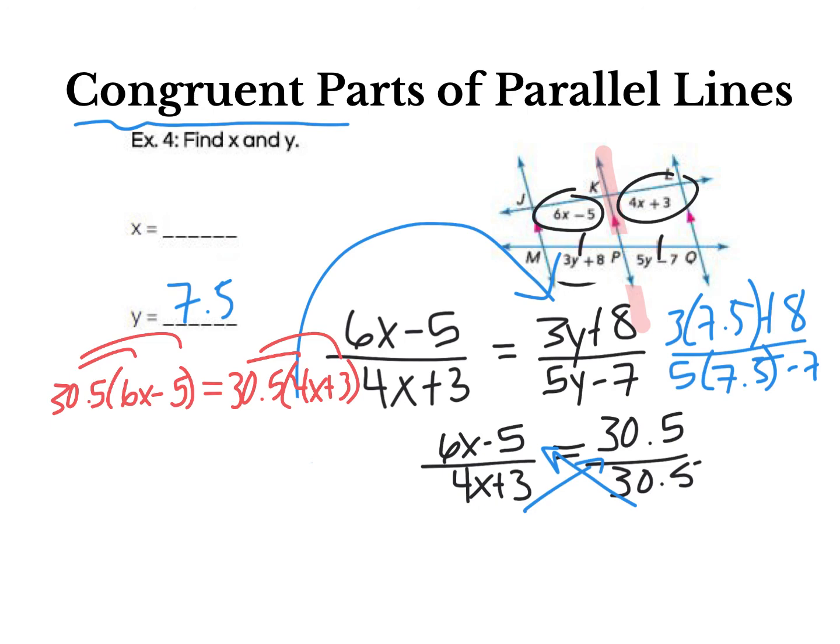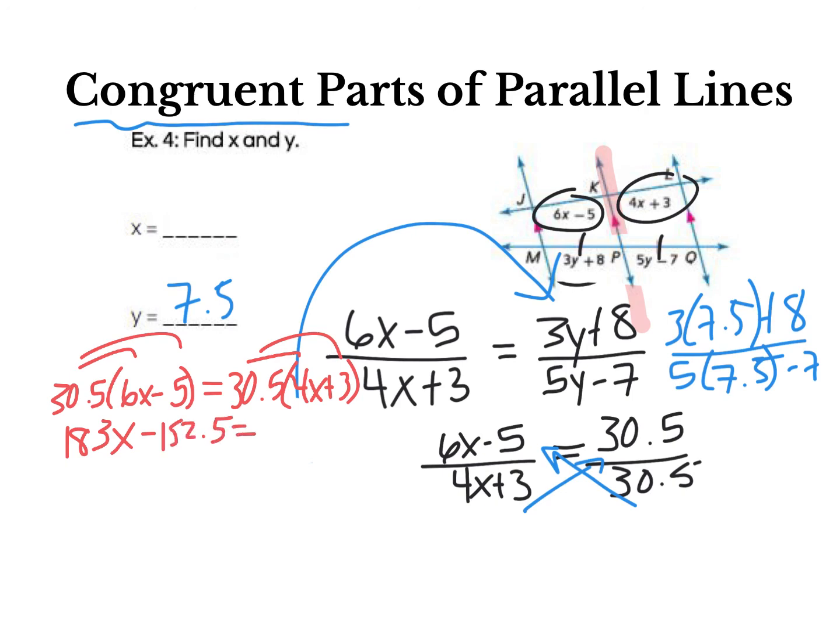This just happens to be a decimal, so it gets a little bit messy, but 30.5 times 6x is 183x, minus 30.5 times negative 5 is negative 152.5.